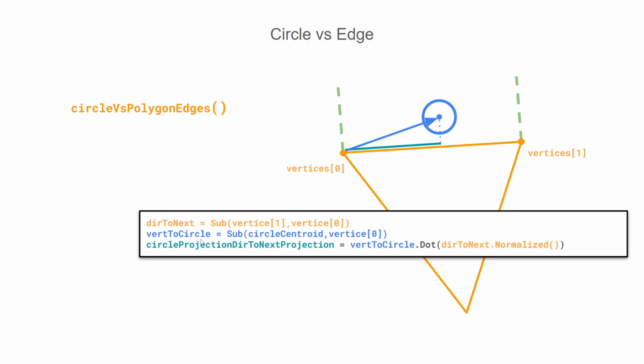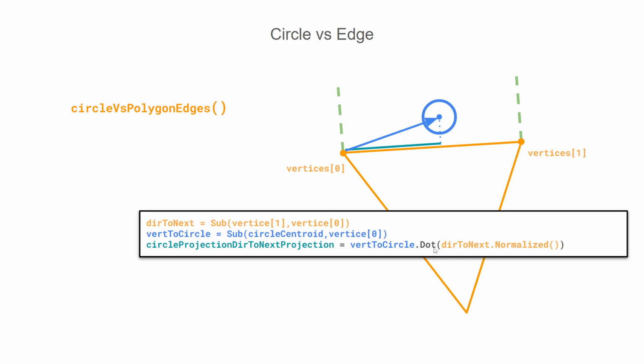Then we need to create a direction vector from the vertice to the circle center. So from this one to this one, we just subtract the circle position, that's the center of the circle, minus the vertice at this position. Then we are normalizing the direction vector to next, like I did it in here.